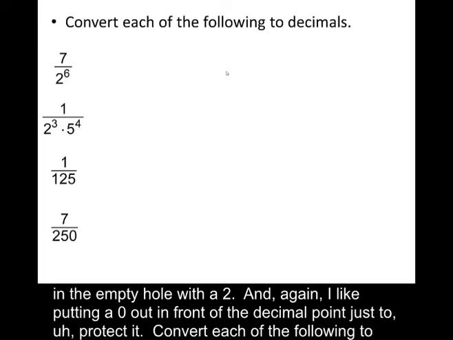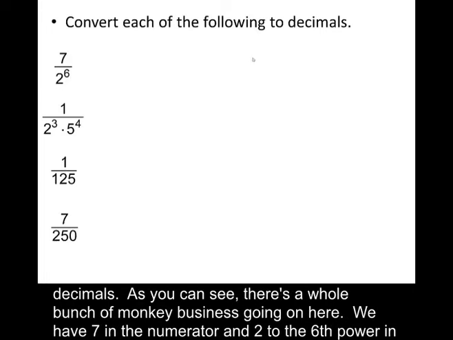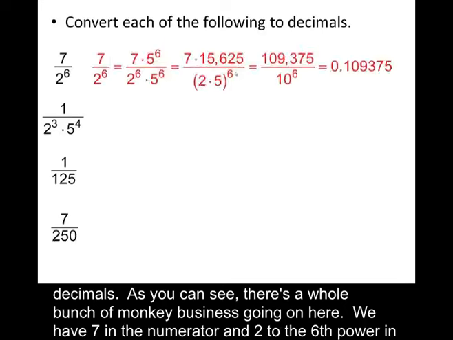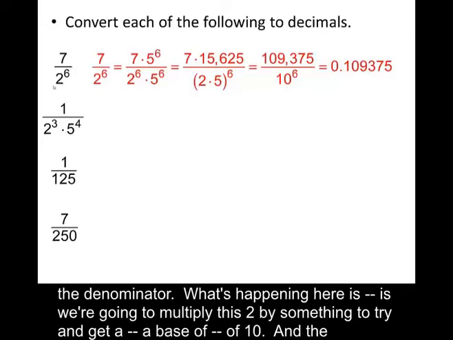Convert each of the following to decimals. As you can see, there's a whole bunch of monkey business going on here. We have 7 in the numerator and 2 to the 6th power in the denominator. Well, what's happening here is we're going to multiply this 2 by something to try and get a base of 10.